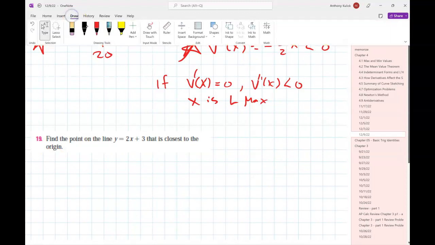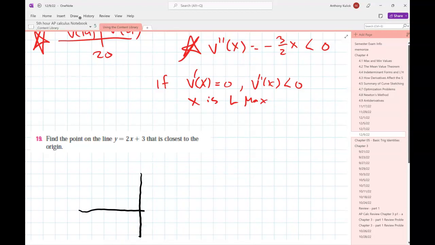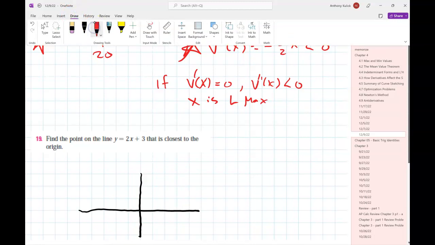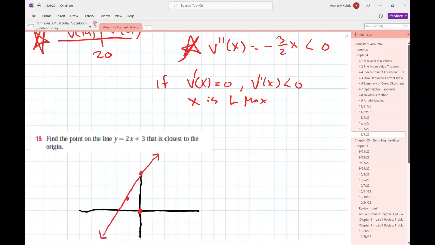Okay. So here it says find the point on the line 2x plus 3 that is closest to the origin. So let's just sketch a picture. There's the point at the origin. So there's my line.